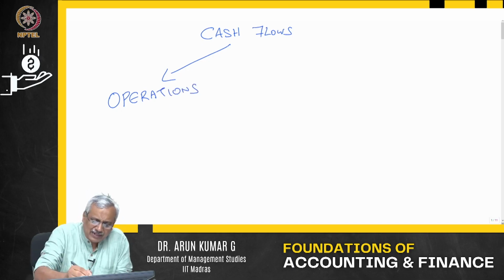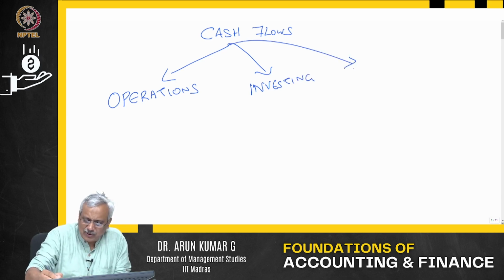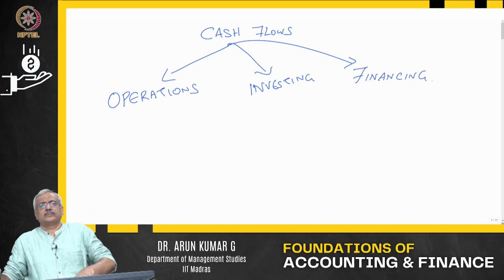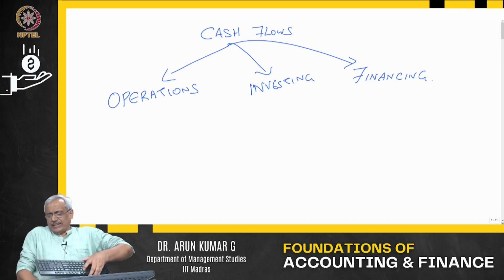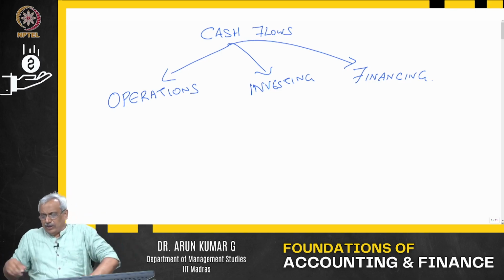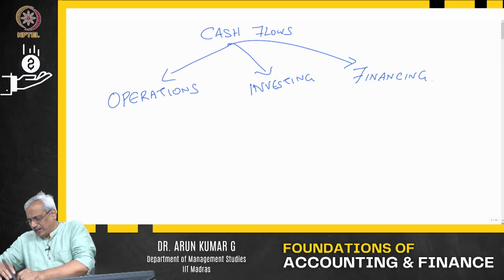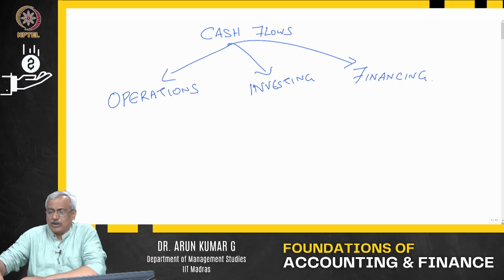The second is cash flow arising due to investing activities. The third is cash flow arising due to financing activities. What do we mean by financing? What do we mean by investing? What do we mean by core operations?